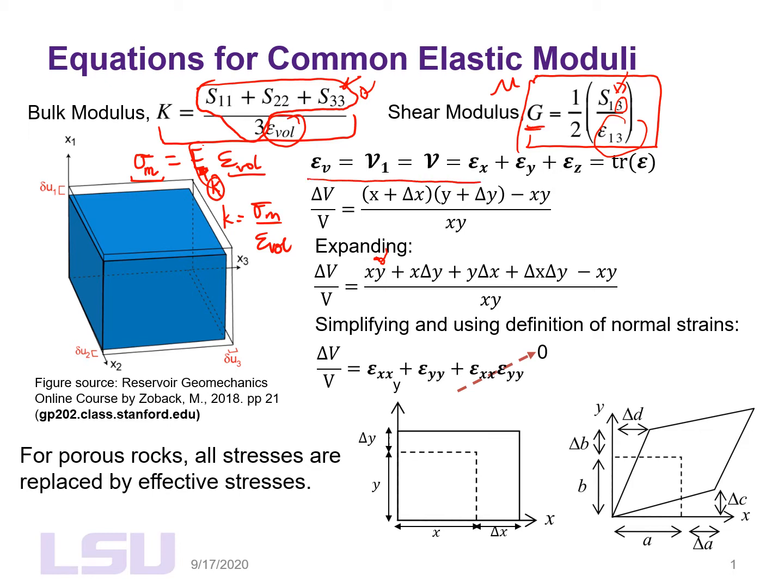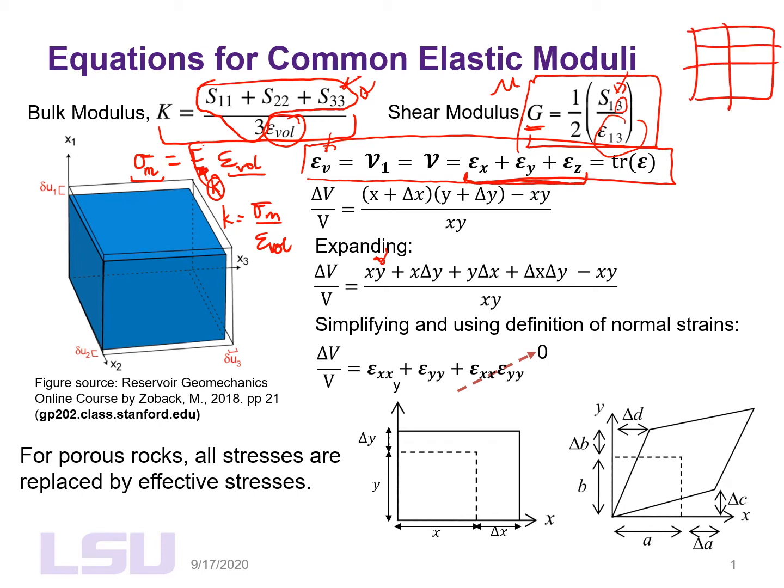At the end of the last meeting, I gave the expression for volumetric strain, which is just the sum of the diagonal terms in your strain tensor, right? And the diagonal is epsilon xx, which is the same as epsilon x, epsilon yy, epsilon y, and epsilon zz.